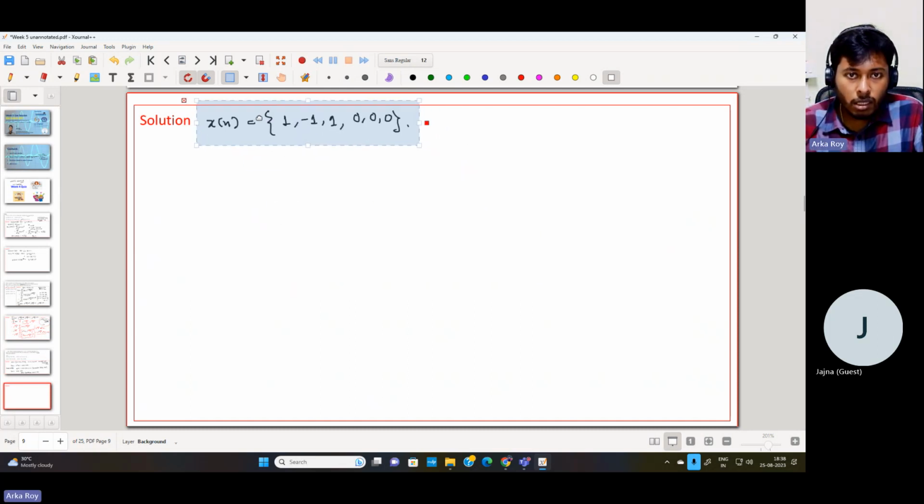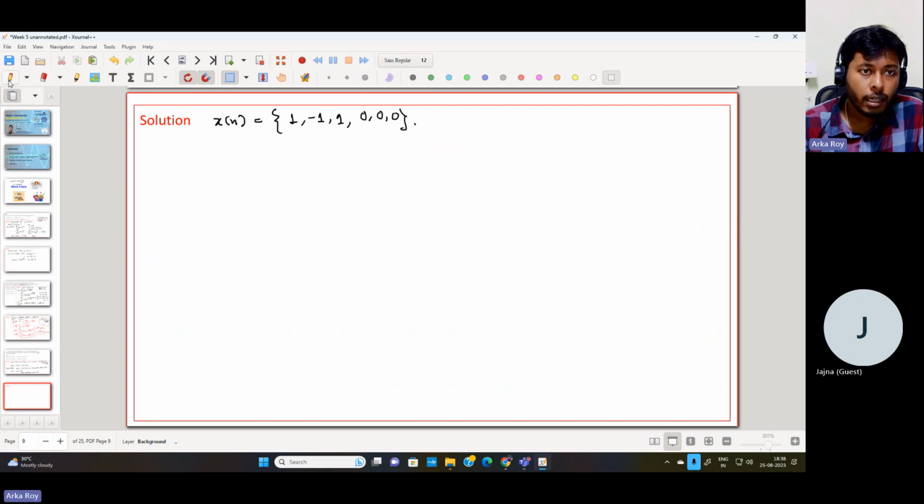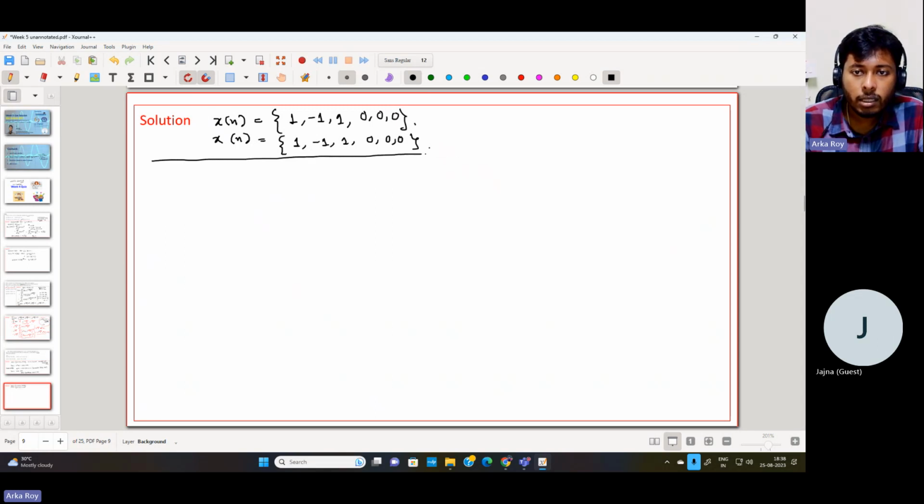So this one is basically the sequence, and I need to create the circular convolution between the same signal. So I'll replicate this part again: 1, 1, 0, 0, 0. And in the last class, I had shown you how to calculate the circular convolution.